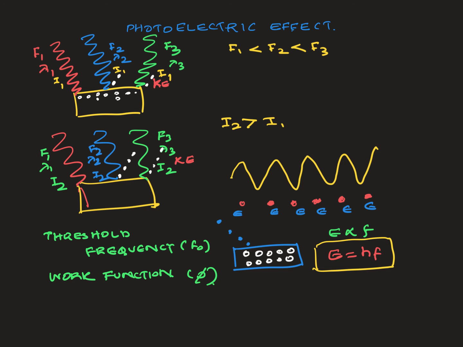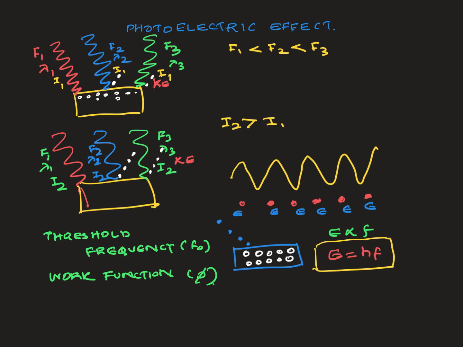The minimum frequency of the photons that we need to get these electrons just out of that metal is called the threshold frequency. We can apply a frequency above that, which means the electrons will have more energy, but with f naught, we can get them out.